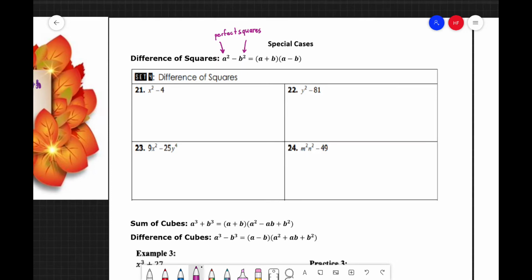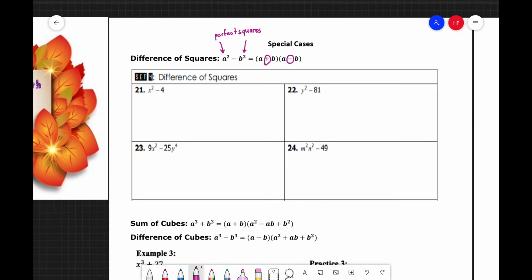It needs to be something that you can take a clean square root of and it's going to work perfectly. So the difference of squares, when we factor it, is a plus b times a minus b. The only difference between the two sets of parentheses is that one is a plus and one is a minus. The difference of squares is going to be the easiest one that we work with.